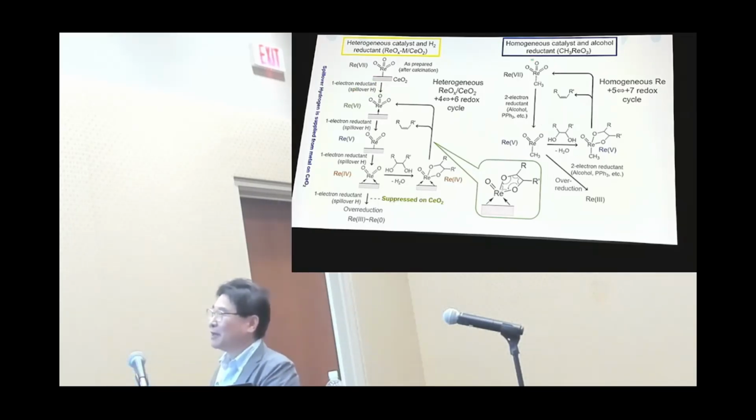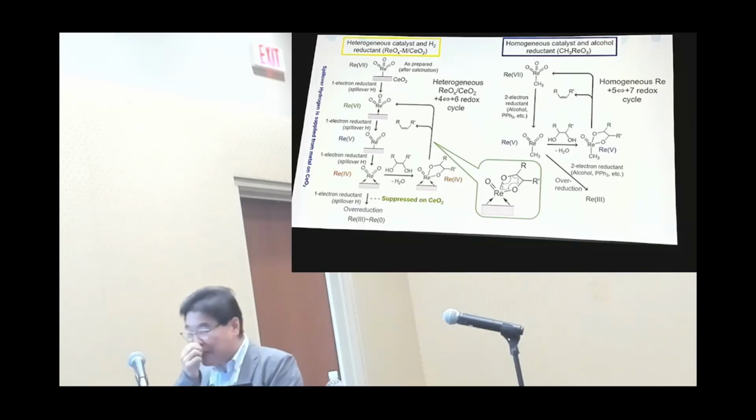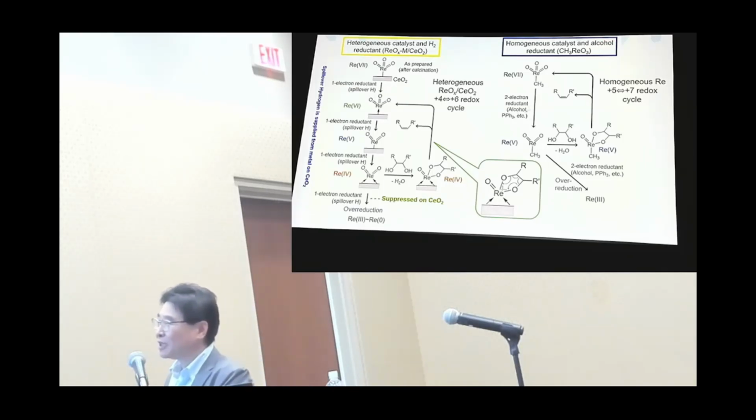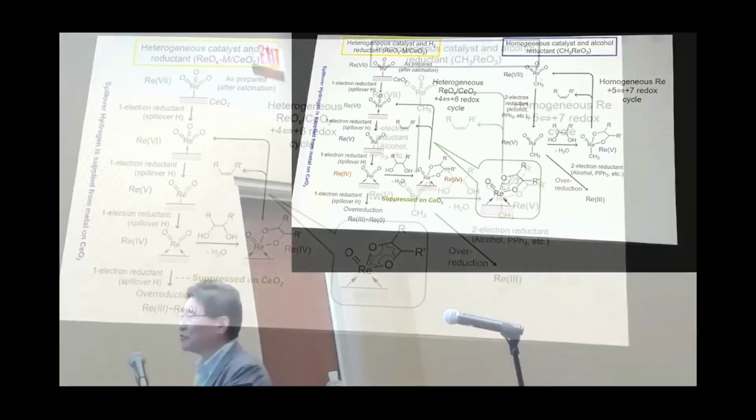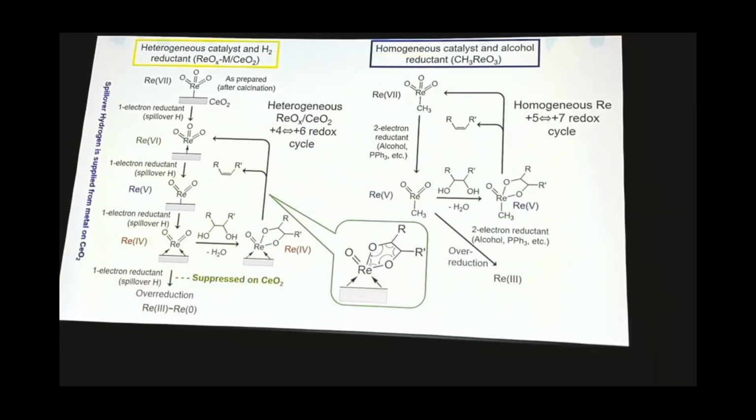Usually, in the case of the homogeneous catalyst, 2-electron reductants are used, for example, secondary alcohols and triphenylphosphine. Therefore, the starting state is rhenium 7+ and is reduced to rhenium 5+. And the DODH reaction proceeds, and rhenium 5+ is back to rhenium 7+.